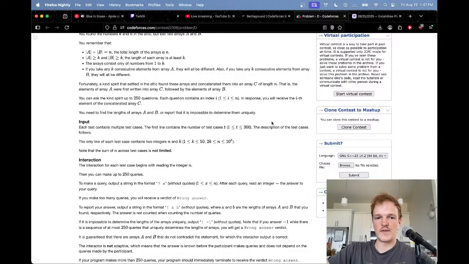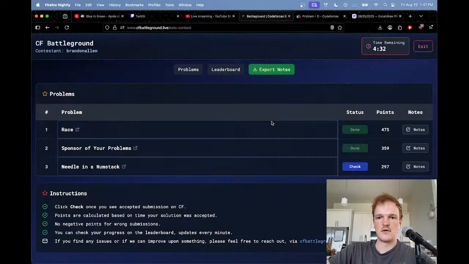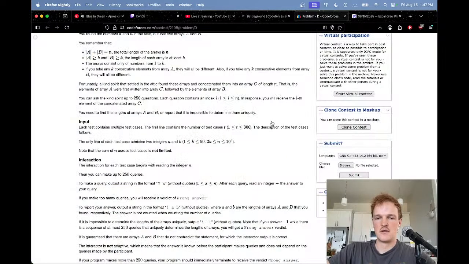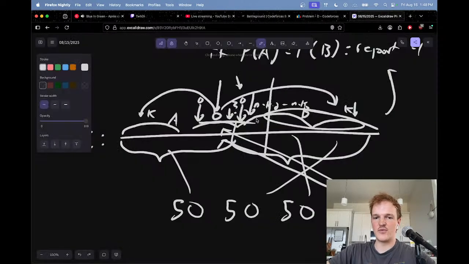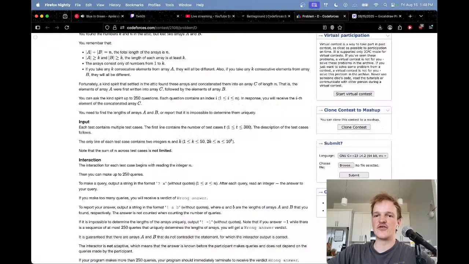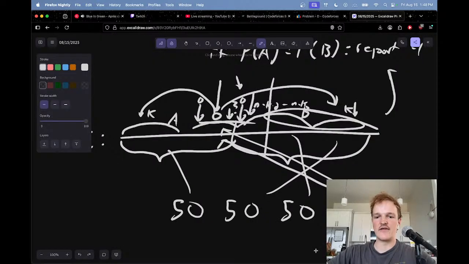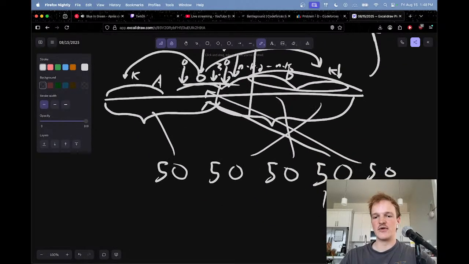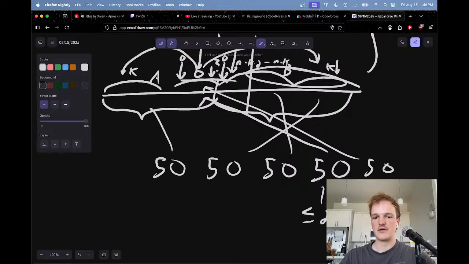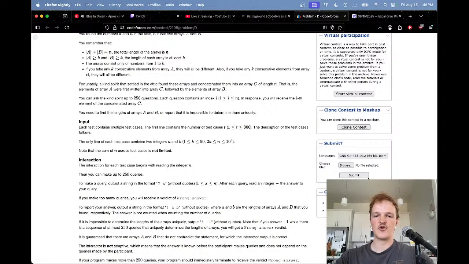So you would report that. Okay. I heavily doubt I'm going to be able to code up an interactive problem in 4 minutes, but I think you could definitely do that in, at the very least, exactly 250 questions. And it would always take less than that, because this is going to be more like actually less than or equal to 20. So you have 30 left over always.